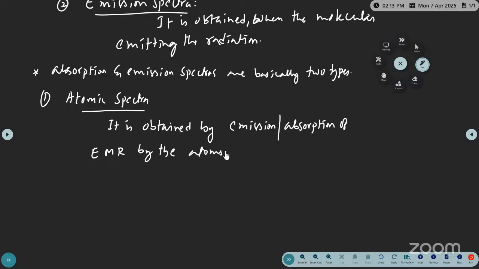Here the atoms absorb or emit the radiation. In the spectra, atoms absorb or emit the radiation, so this spectra is known as atomic spectra.